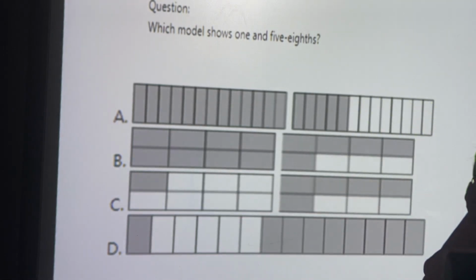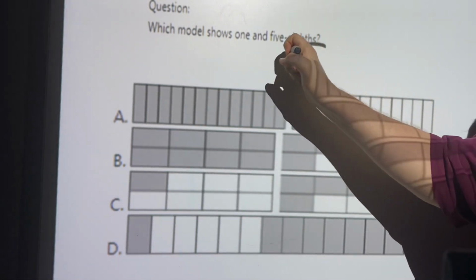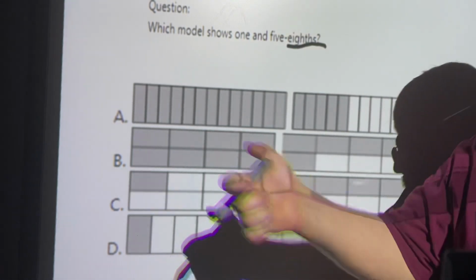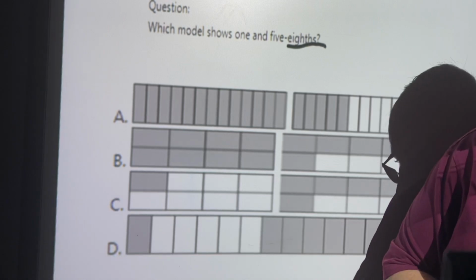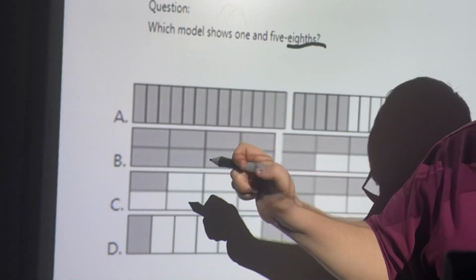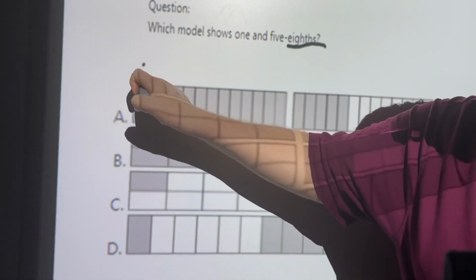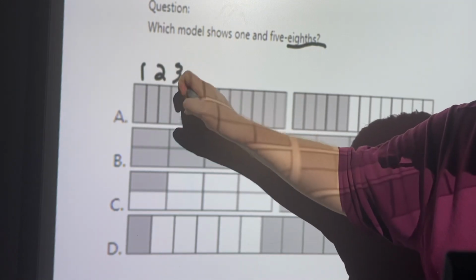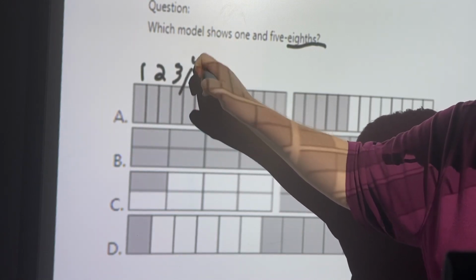Okay, so let's look. If it's an 8, how many parts does 8 have? How much would each fraction have? 8. So let's count. Count with me. 1, 2, 3, 4. This one's 4. This one's 5.